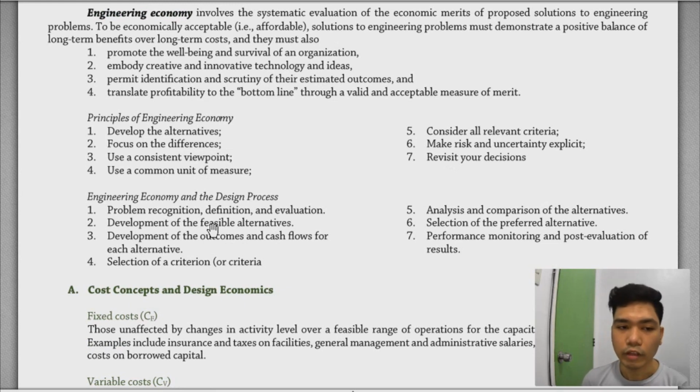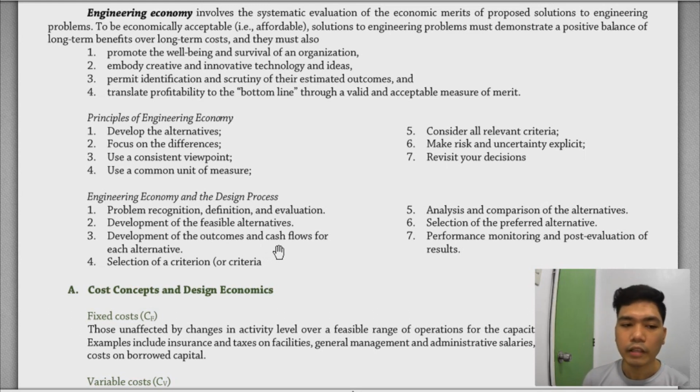And then you develop feasible alternatives for the second step. This is something like the proposed solution or the possible solutions that can deal with the problems that you have recognized. And then the third one should be the development of the outcomes and cash flow for each alternative. So this number three is actually where you're experimenting in this method.